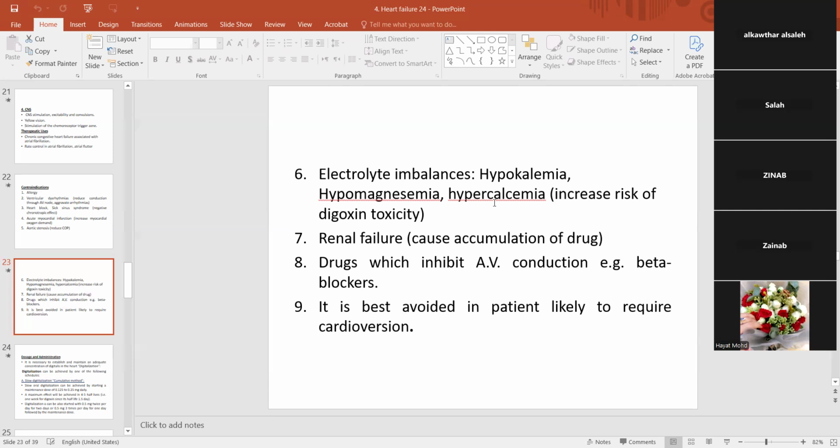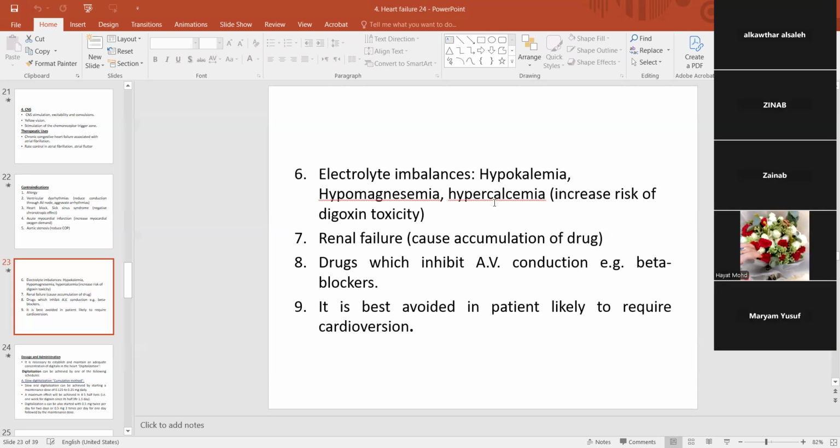So before we use the drug, we have to do a baseline investigation to check the electrolytes, especially these. If magnesium and potassium are decreased, or calcium is increased, we have to correct these electrolytes before starting the drug.